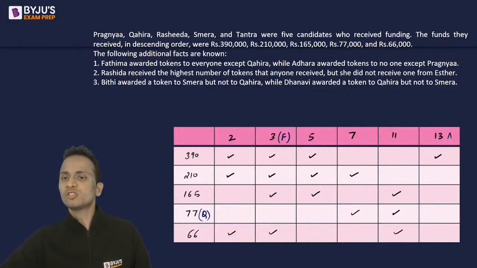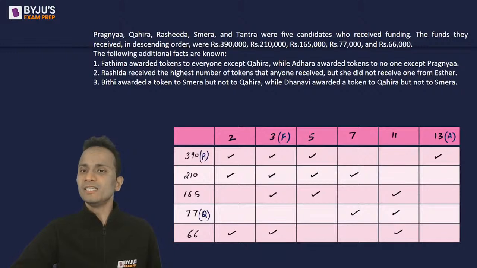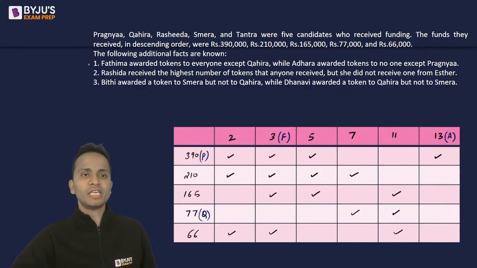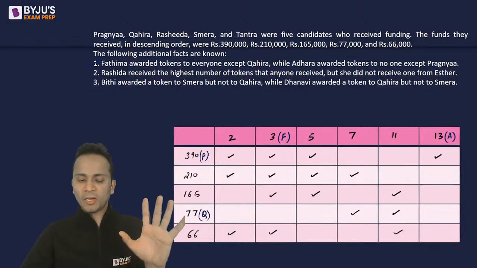So this token number 13 must be awarded by Adhara, the interviewer, and Adhara has given a token to only Pragnya. So the first person is Pragnya with an investment of 390,000. So statement number 1 is taken care of. Let's look at statement number 2. So I have got 2 interviewers and 2 candidates sorted.